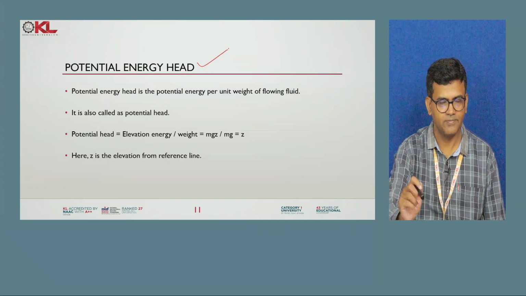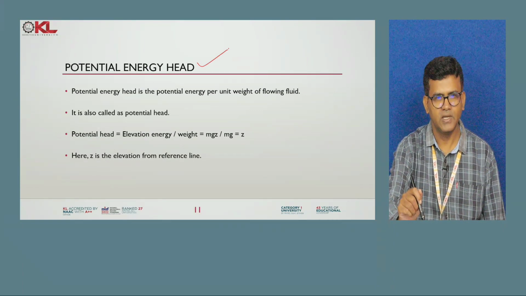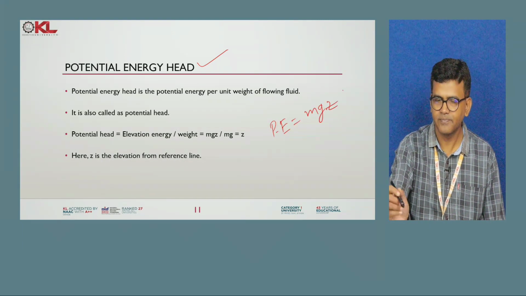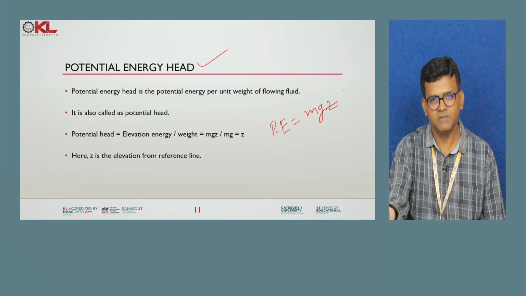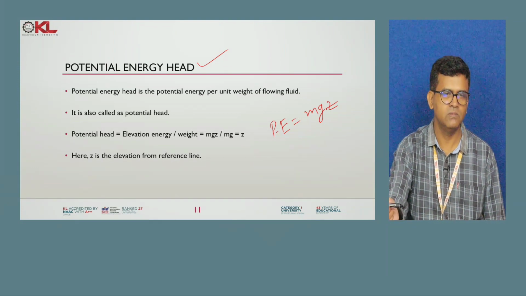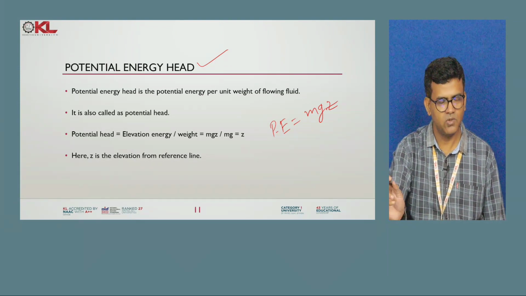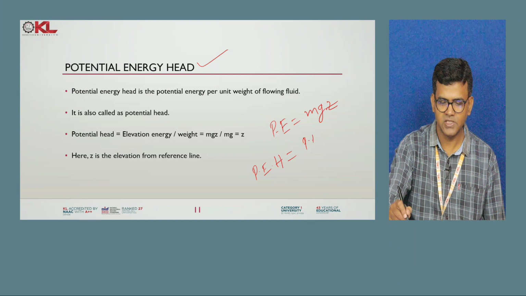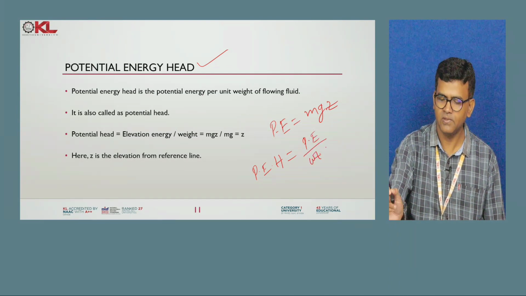Potential energy head. Potential energy is equal to mgz, or mgh, sometimes a different symbol is used in place of z. So that is the potential energy. Now the potential energy head, what is it? It is potential energy per unit weight of the fluid.